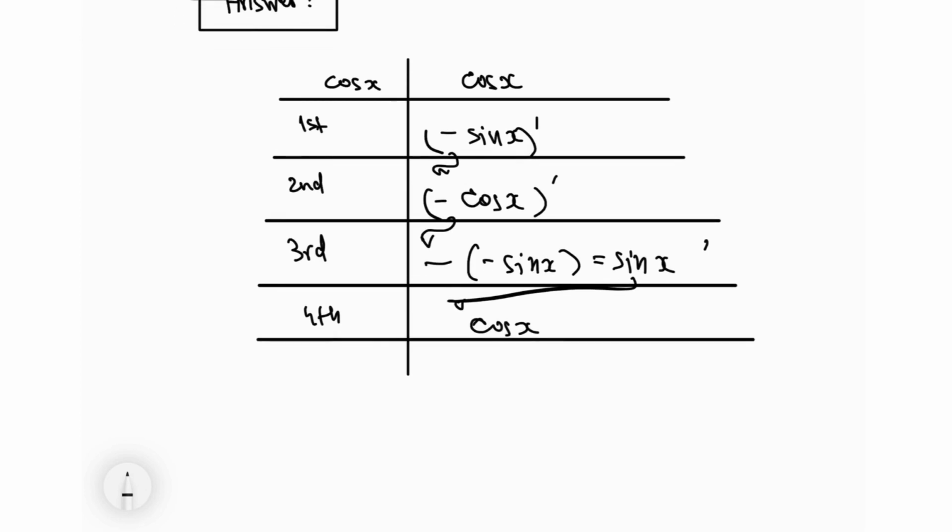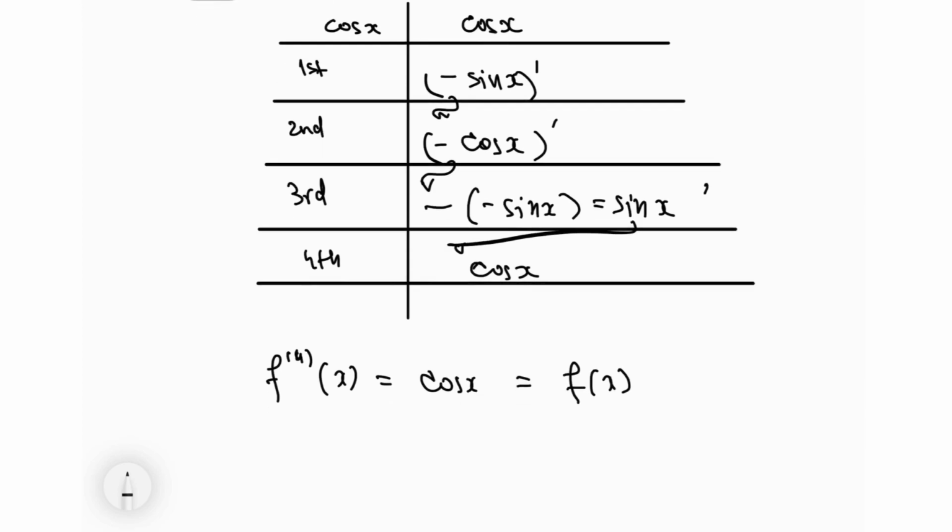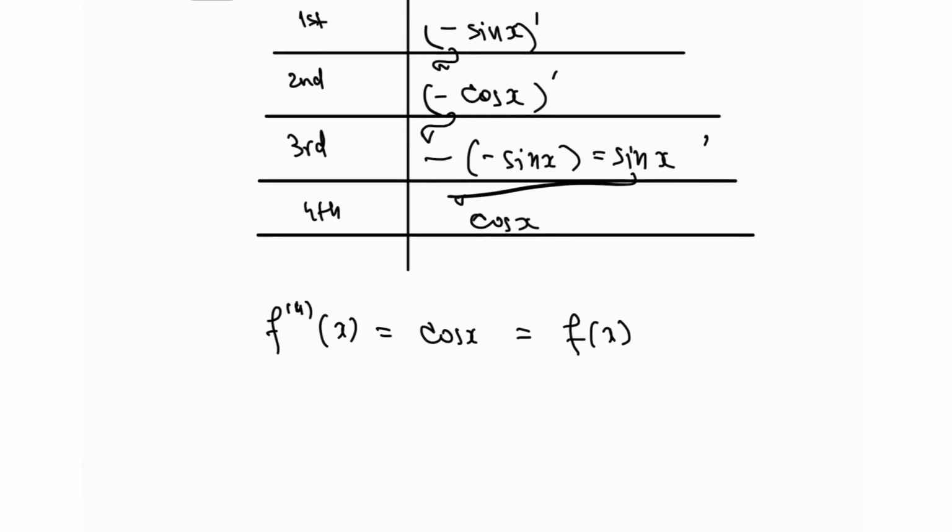So the fourth derivative of cosine x is cosine x, which is f of x. So cosine x has that feature that it is the same as its fourth derivative.